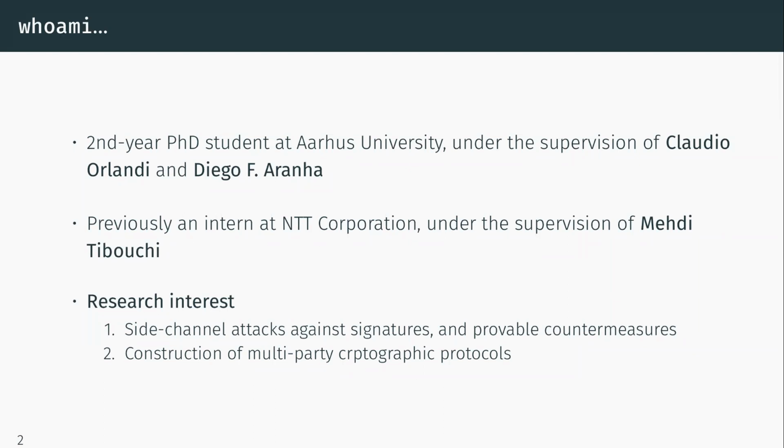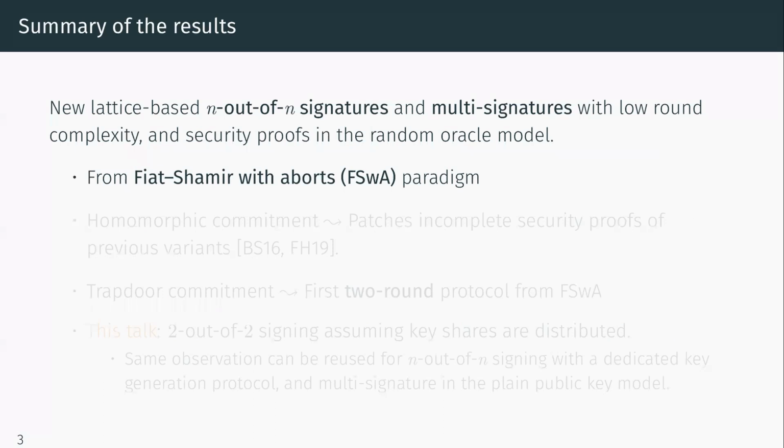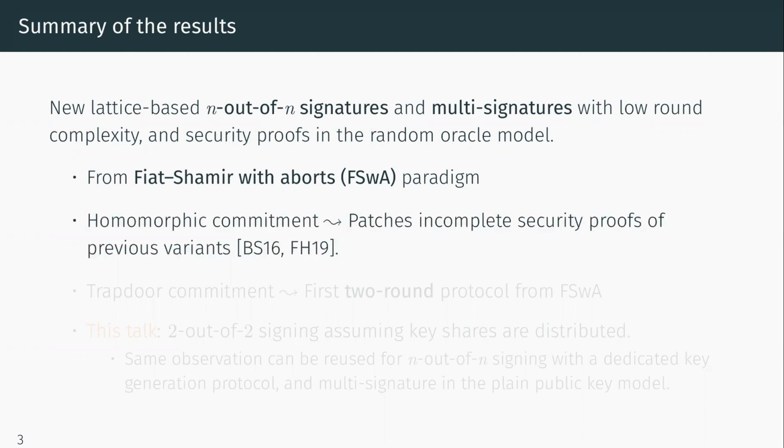Okay, so this paper is about our new lattice-based two-out-of-n signatures and multi-signatures that have a low round complexity. And we provide full security proofs in the random oracle model. Particularly, our construction is derived from the Fiat-Shamir with aborts paradigm, which I'm going to explain a bit later.